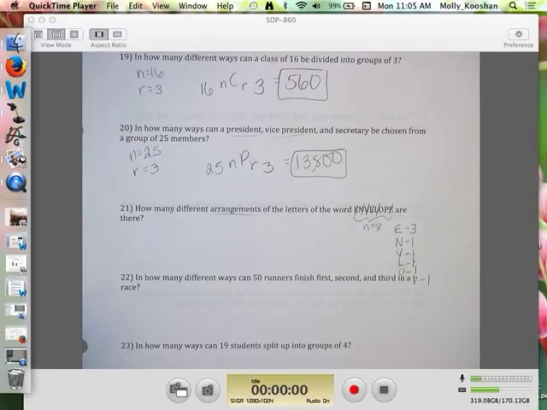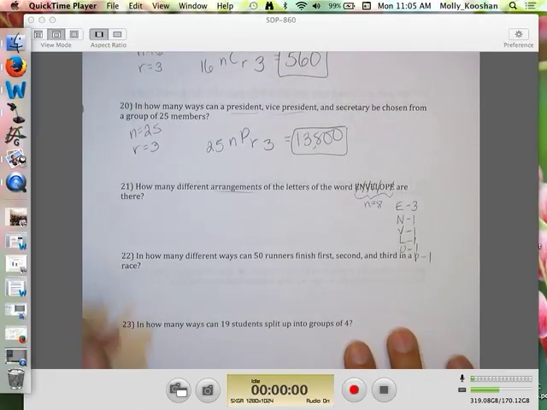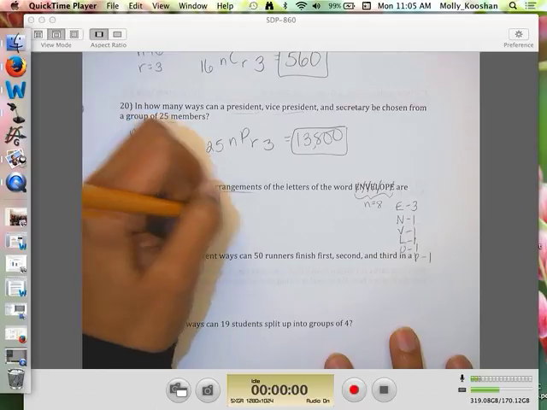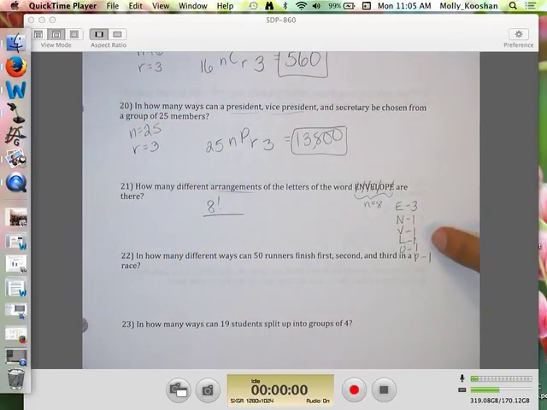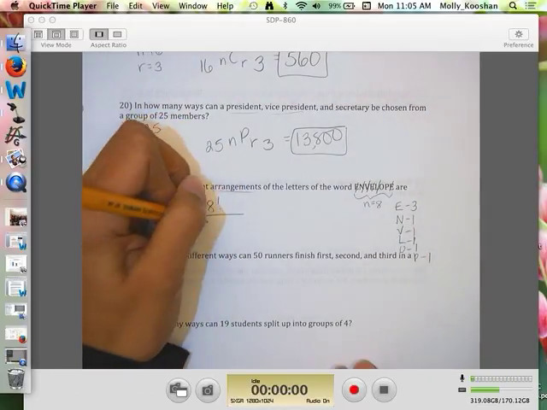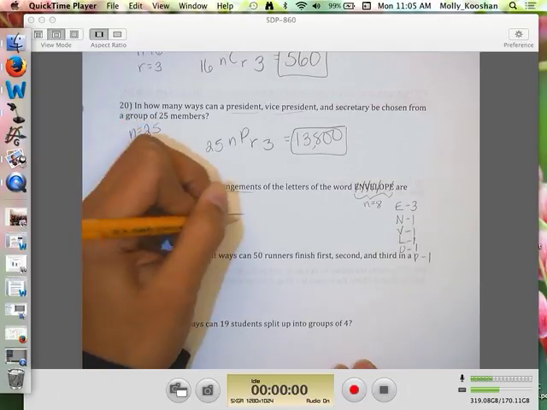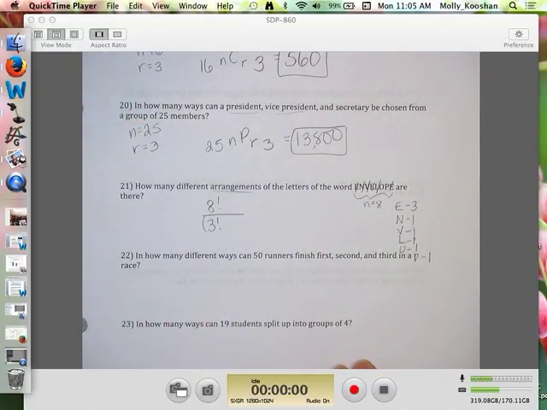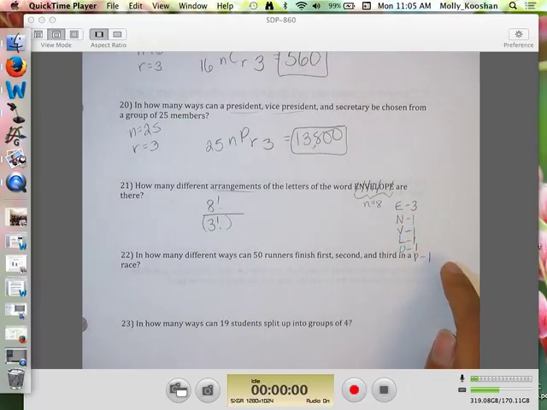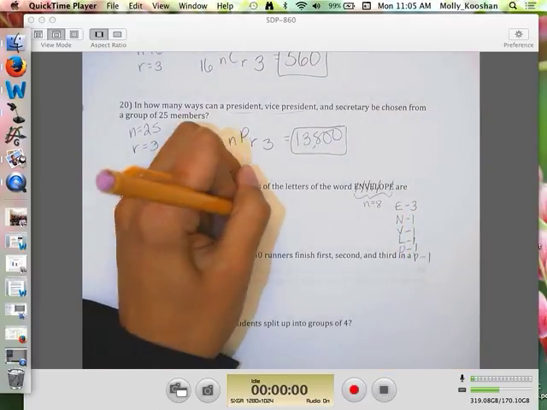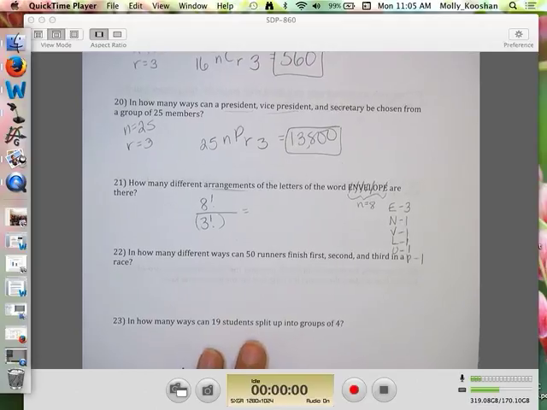Okay, and so then if you look at the formula on your formula sheet, we do n factorial, so 8 factorial, over all of these factorials. Remember though, 1 factorial is just 1. So we really don't have to put all those 1 factorials in there. We can, we'll get the same answer. So we're going to go to our calculators.